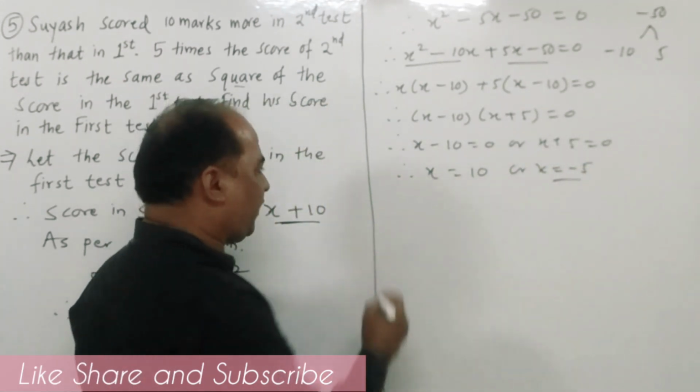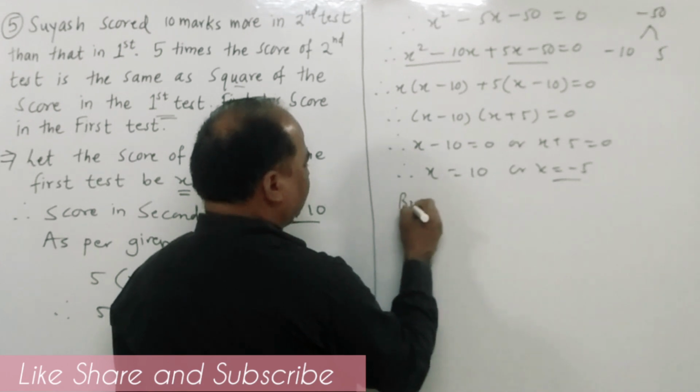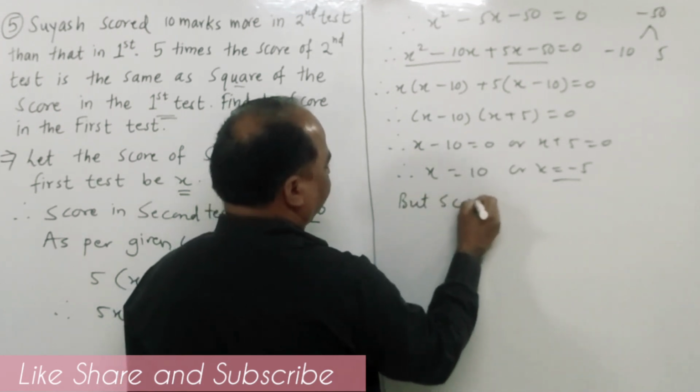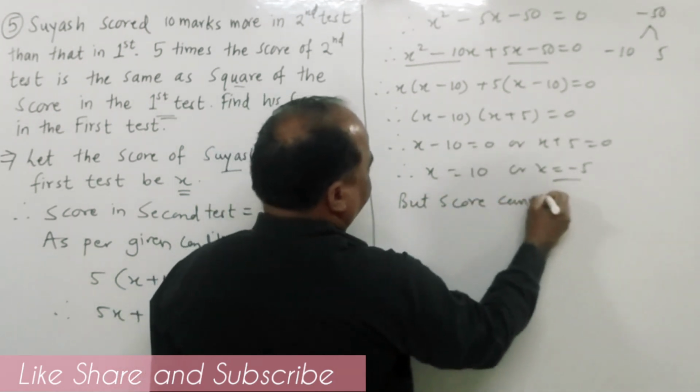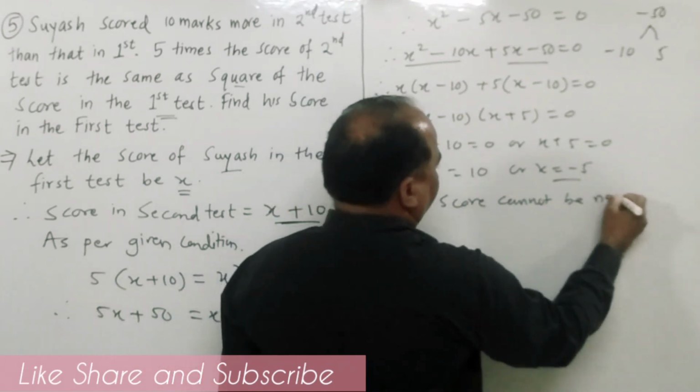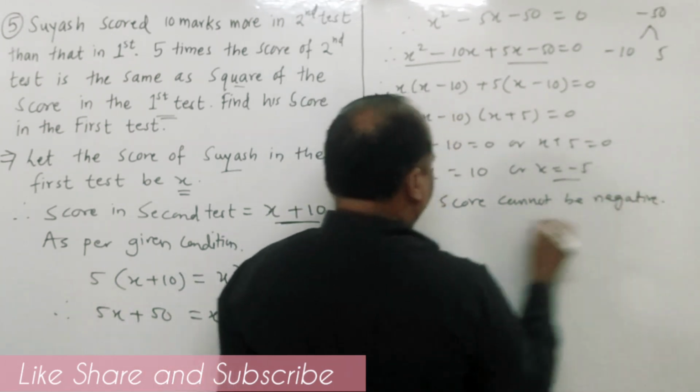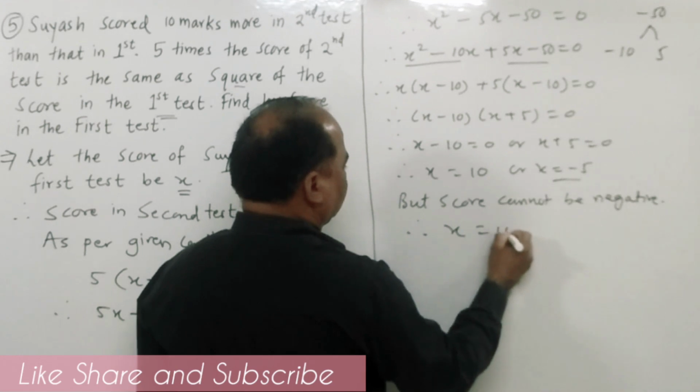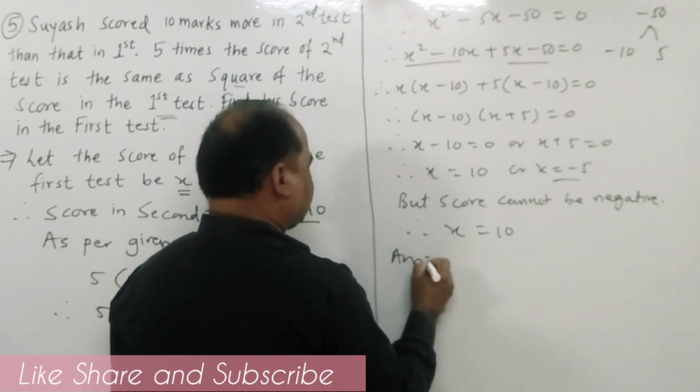X is equal to minus 5. So, but score cannot be negative. Therefore, x is equal to 10. So, answer.